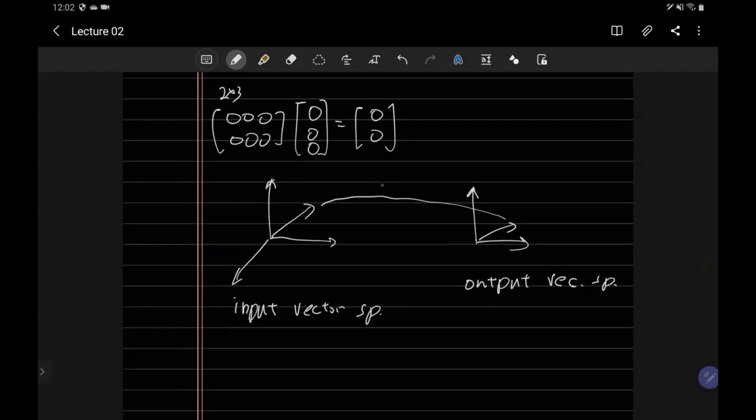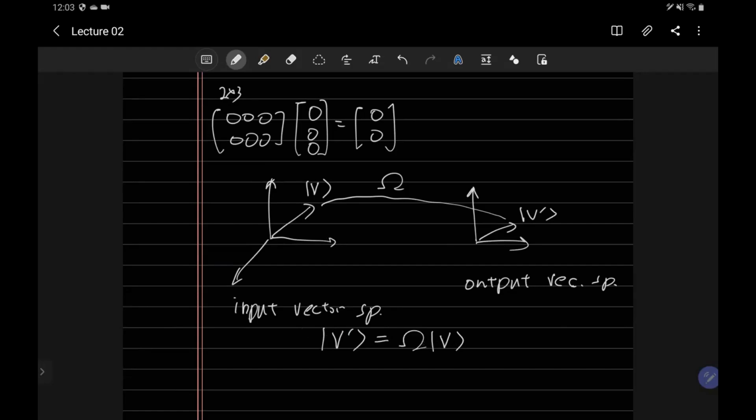Then I will call this transformation omega, and we can think that the original vector is represented by v, and the resulting or output vector is represented as v prime. In this class, or in quantum mechanics, we use this kind of notation: v prime is transformed from v through the omega operator.